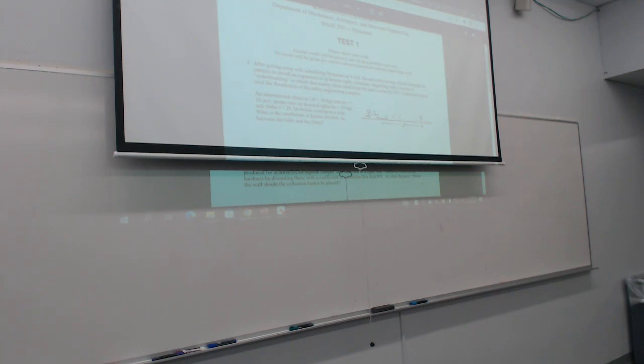After getting away with scheduling dynamics, the university invites Alberto Gonzalez to campus to unveil an expansion of his human rights violations, beginning with the version of the waterboarding in which the watery slime mold from the men's room in the CEC is allowed to grow over the floorboards of the entire engineering complex. An international observer, who weighs 50 kilograms, runs at 10 meters per second, jumps into the inverted table and slides.